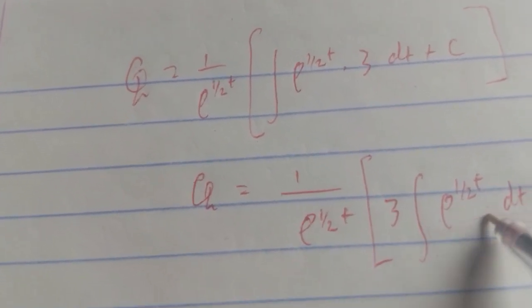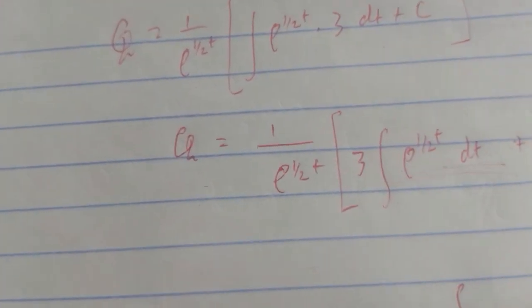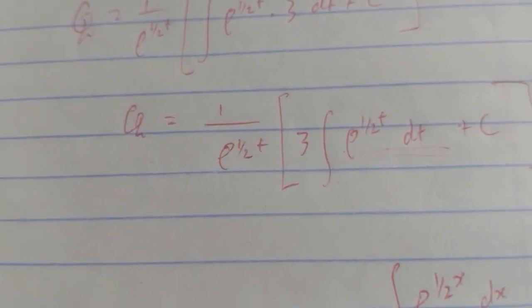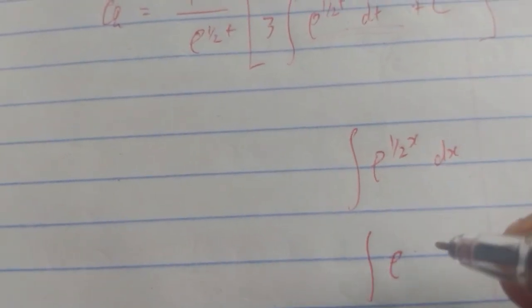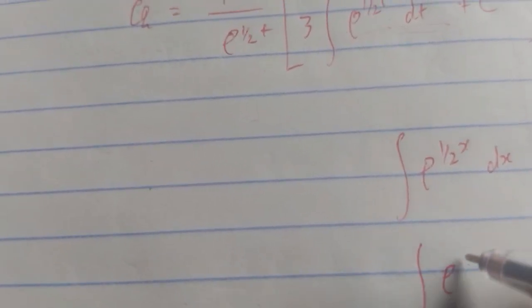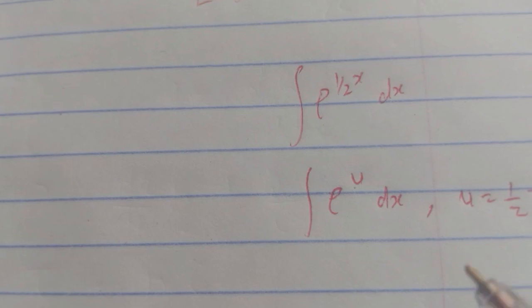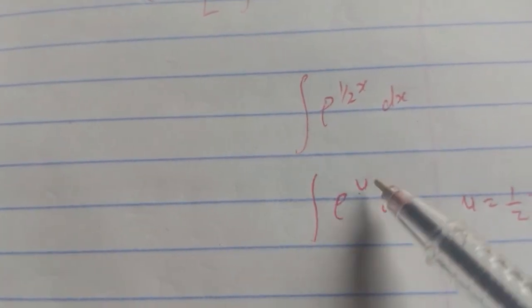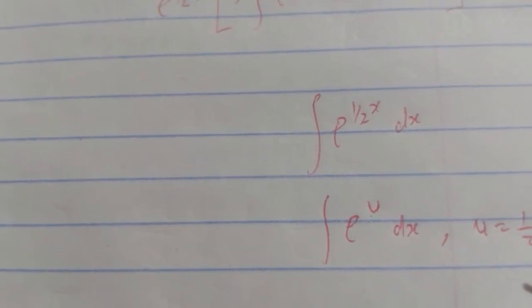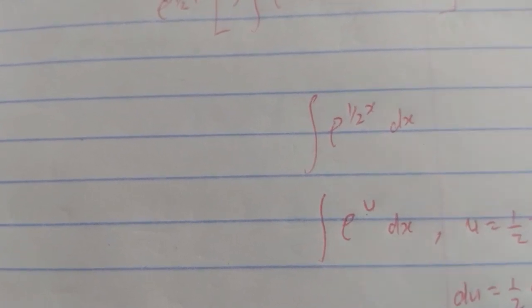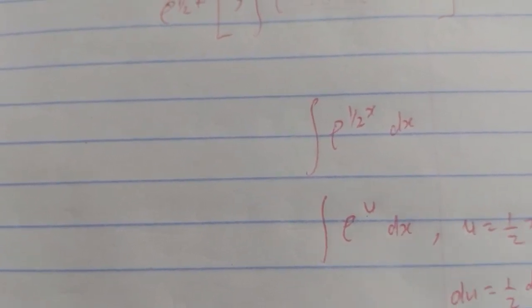Our u substitution will work here. This is just like the exponential of 1 over 2x dx. Instead of 1 over 2x, we're just going to say u, where our u is 1 over 2x. So our du is just going to be 1 all over 2 dx, which means that dx is equal to 2 du.